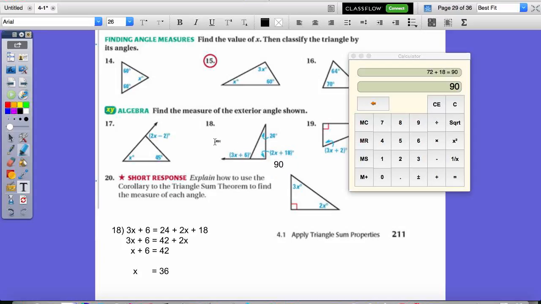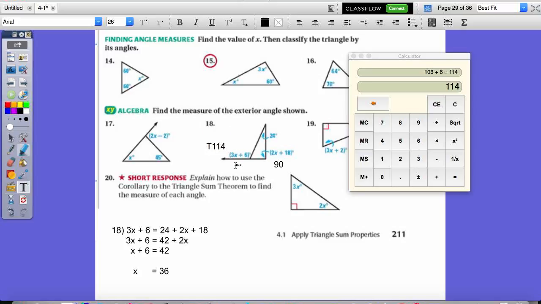That's 24. So over here, 3x, so 36 times 3 is 108, plus 6 equals this exterior angle. I don't know why I can't get rid of that t, so I'm just going to ignore that t.